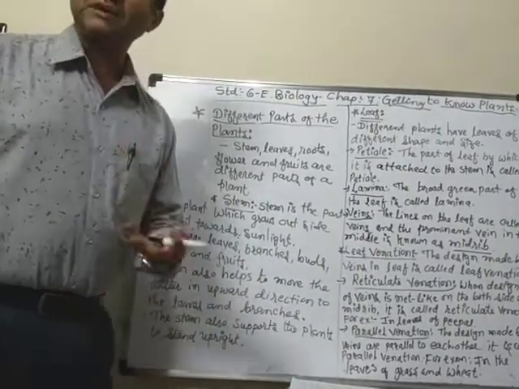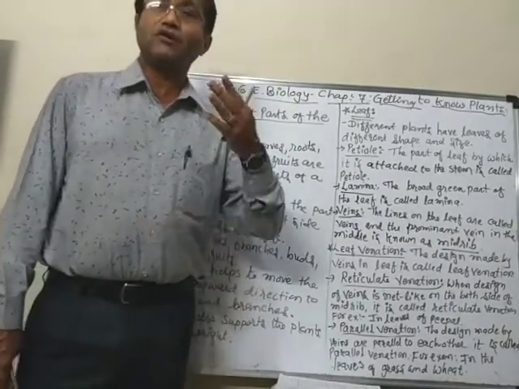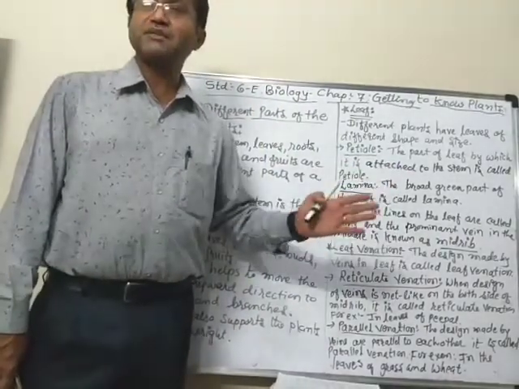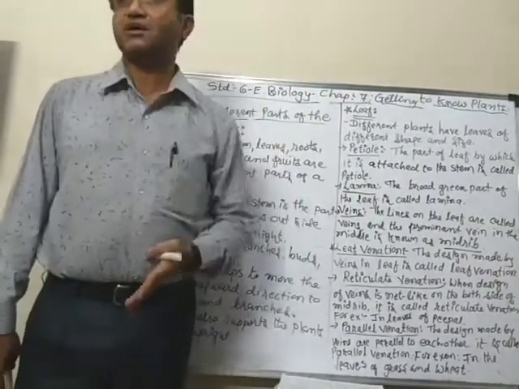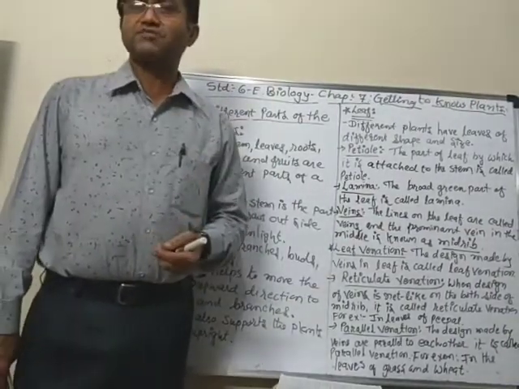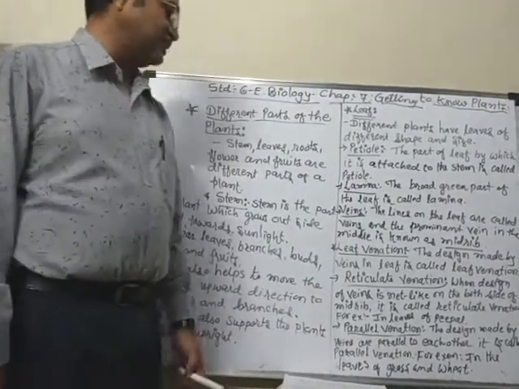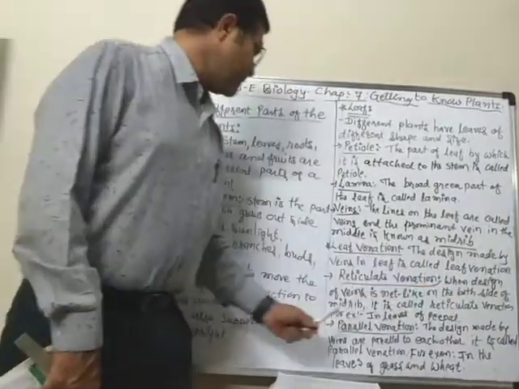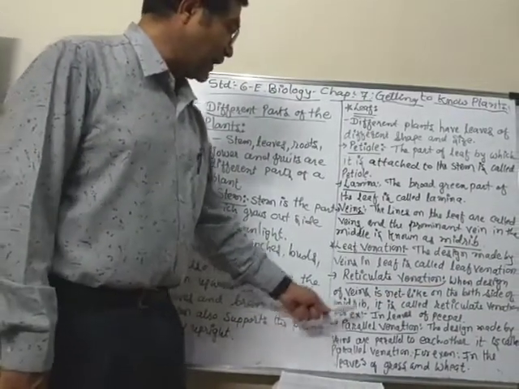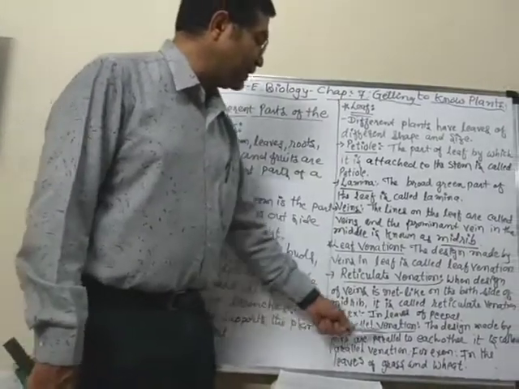But in the leaves of some plants, the venation, meaning the design, is exactly parallel to each other. That type of venation is known as parallel venation. So the design made by veins that are parallel to each other is called parallel venation.